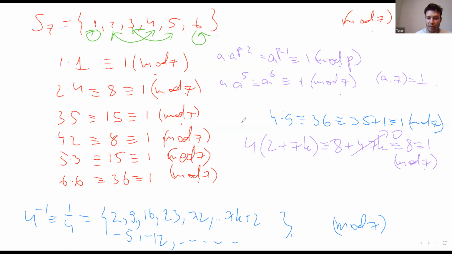Well, if my number, for example, is 4, right? If this number was a 4, then this would be a 4 to the power p minus 2. So basically, if I call this number k, what we see is that this number in here is basically the modular inverse of a. It's basically 1 over a, because if I take this number and multiply it by a, I get 1 mod p.